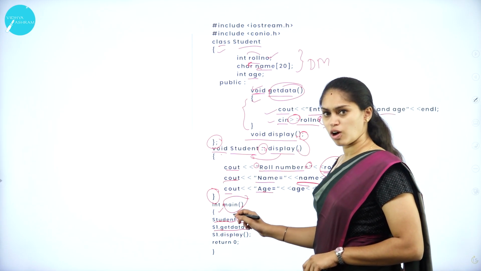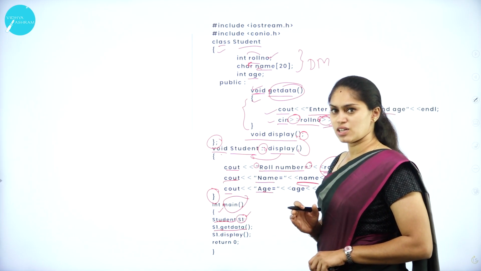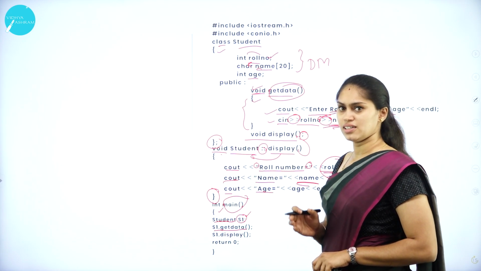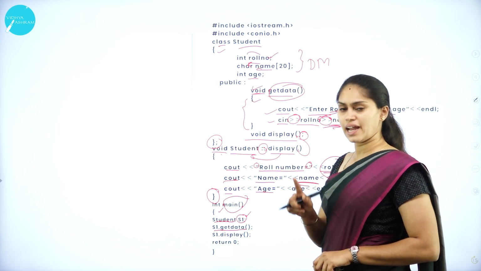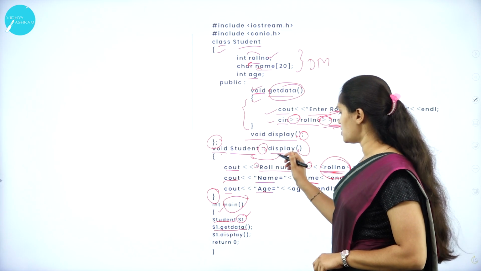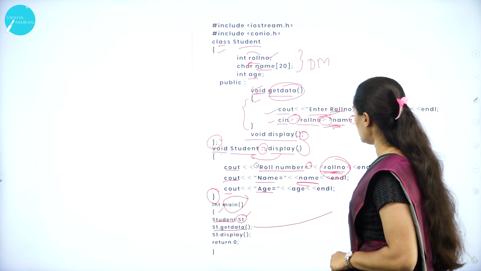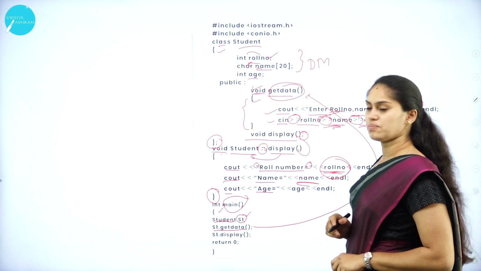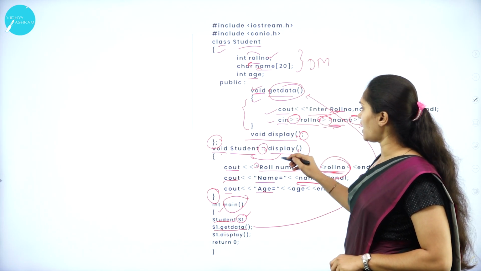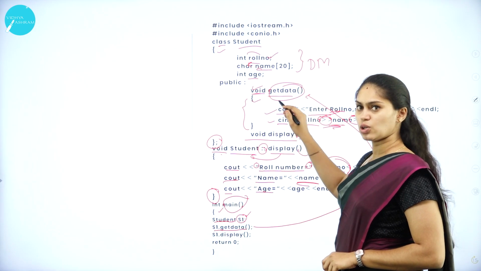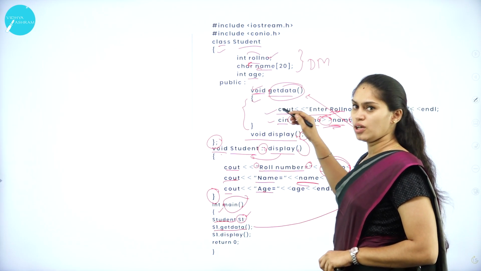With the help of this object, I am accessing the member function of a class. I have two members, get data and display. So S1 dot get data, in the sense the control will be moved to this get data function. What is there in the get data? That content will be displayed or processed.